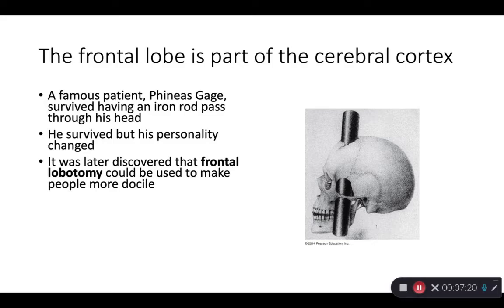And it was later discovered, partly as a result of learning from Phineas Gage's injury, that in patients who had psychiatric illness, or in some cases patients who had severe developmental delays, it used to be that, until pretty recently, if you had a child with one of those things, you would send them off to an institution.